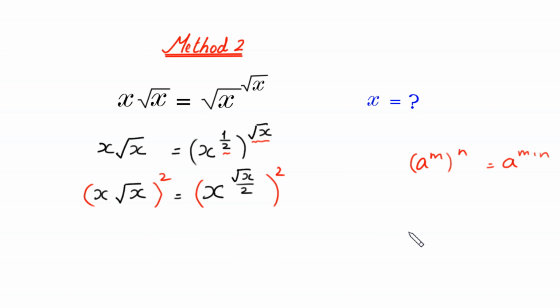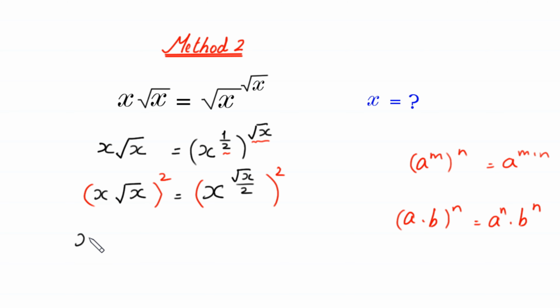And according to this property of exponents, a times b whole to the power n is equal to a to the power n times b to the power n. This power 2 will become the power of this x and will become the power of this square root of x.